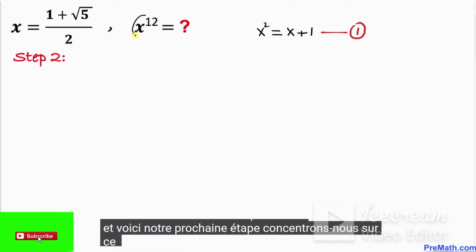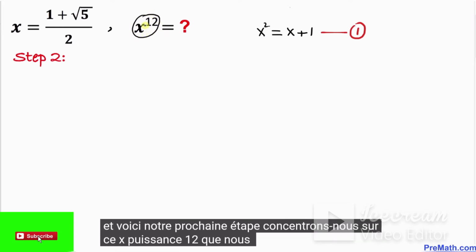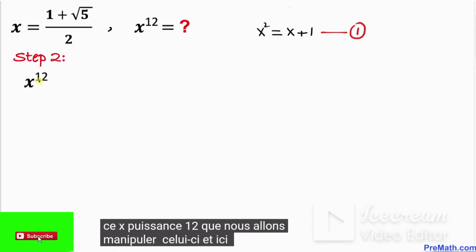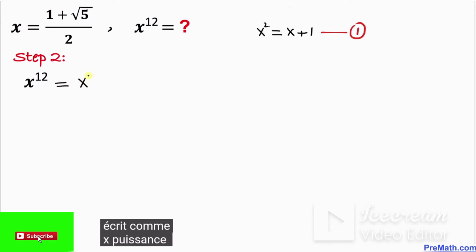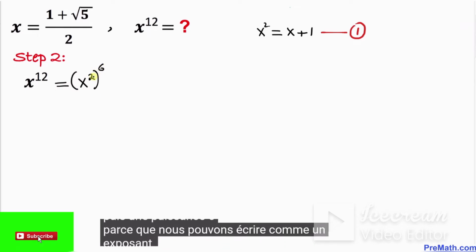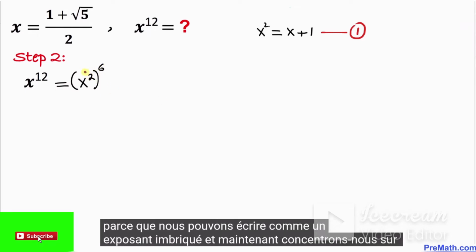Let's focus on this x power 12. We are going to manipulate this one. Here I have copied down x power 12, and this could be written as x power 2 and then power 6, because we can write it as a nested exponent. Now let's focus on this x square.